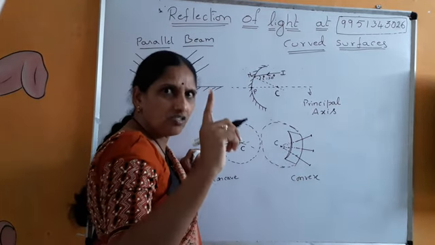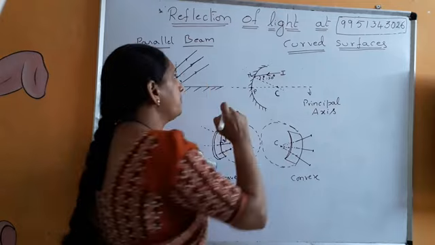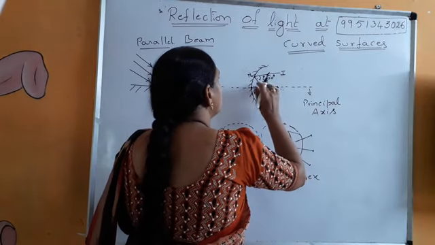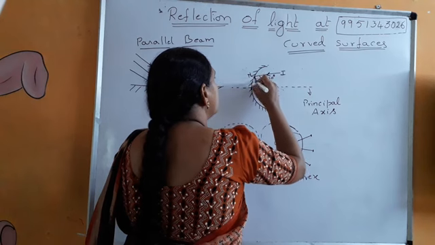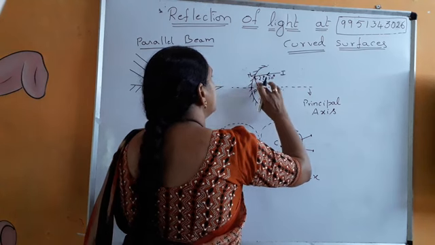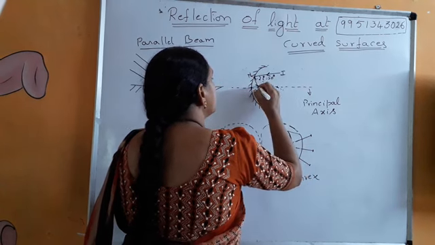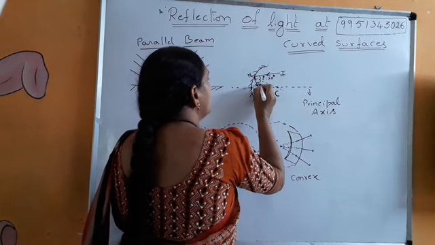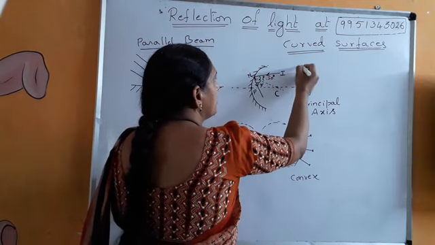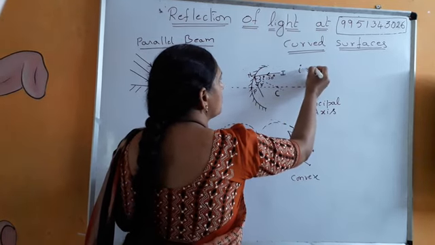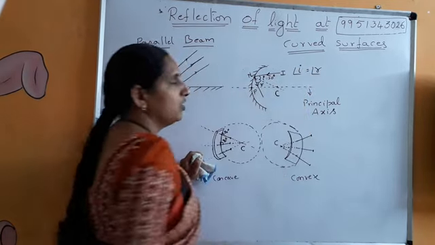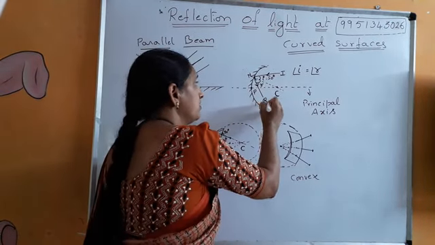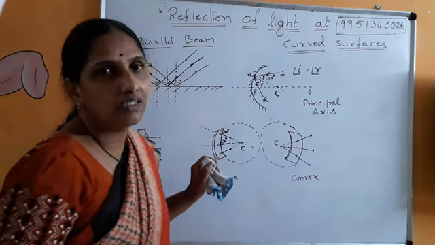This is the first law of reflection. This is how the ray will get reflected back, making an angle r, where angle of incidence is equal to angle of reflection.